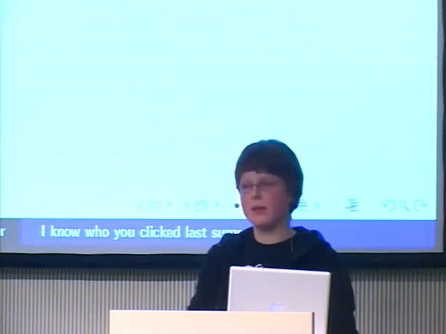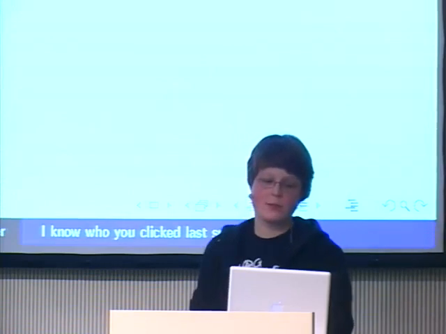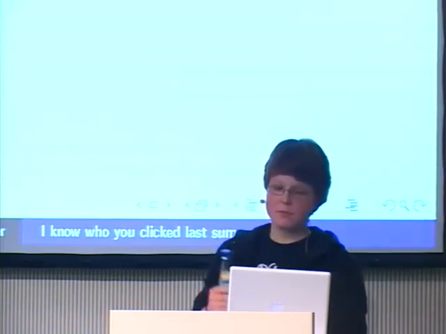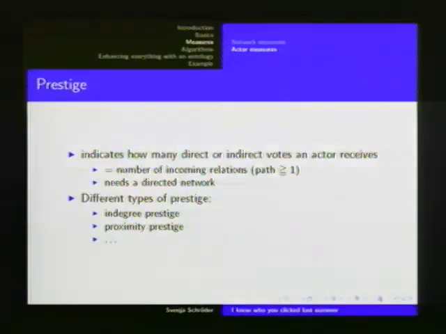Prestige is not the same, but very similar. It's for a directed network and indicates how many direct or indirect votes an actor receives. That means you only look at the incoming edges or incoming relations, also with a path length longer than 1.